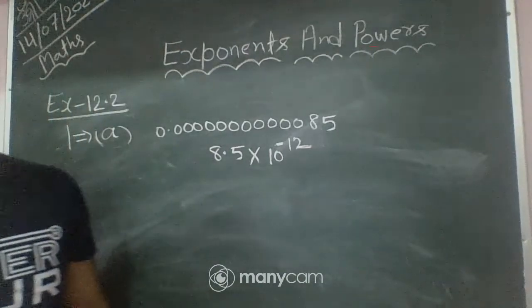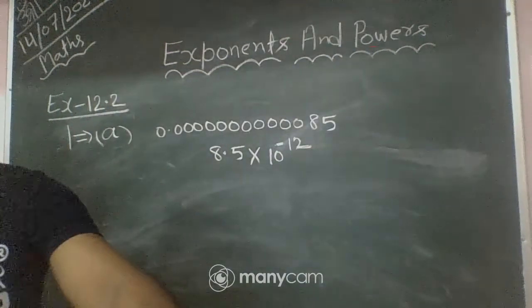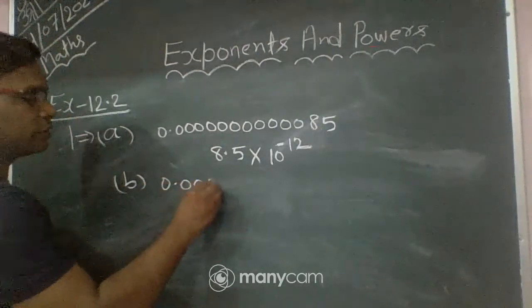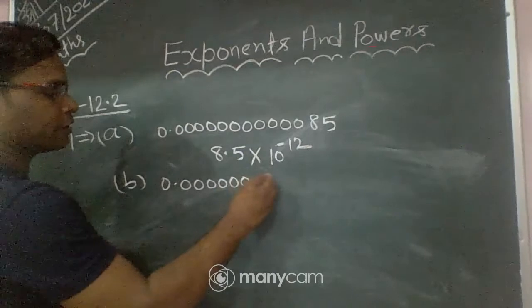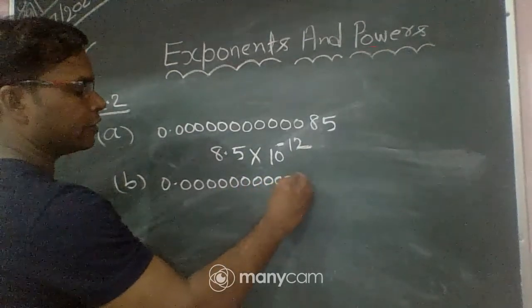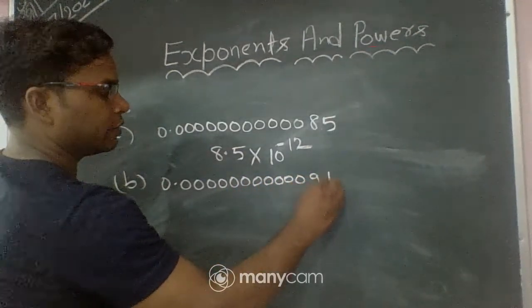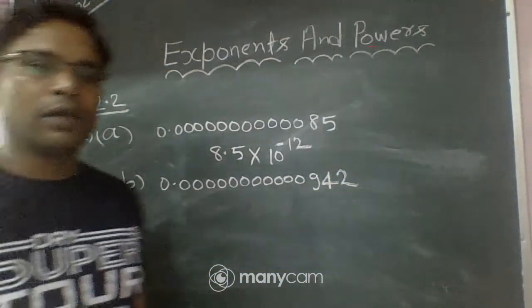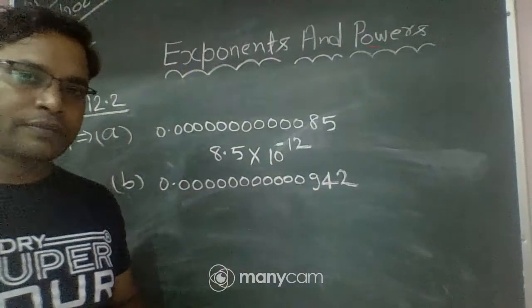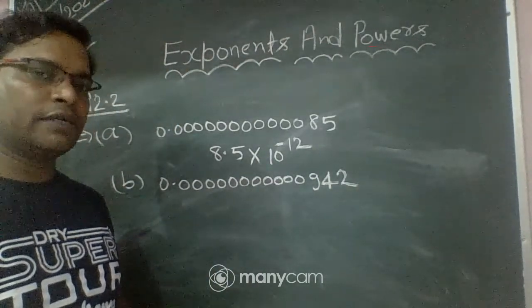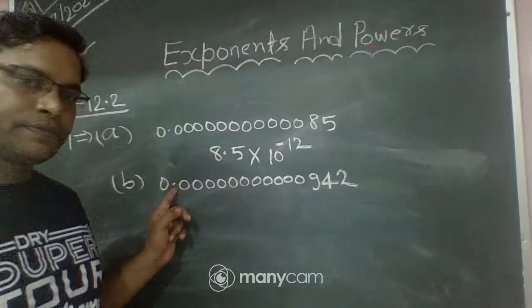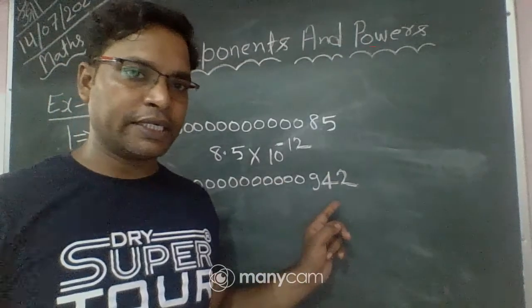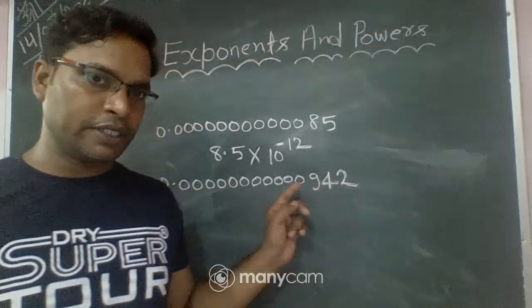Let's see the B part of this question. This is the B part. You can see this is a very small number, so we can change it into standard form. The decimal point moves after 1 digit to the right side.